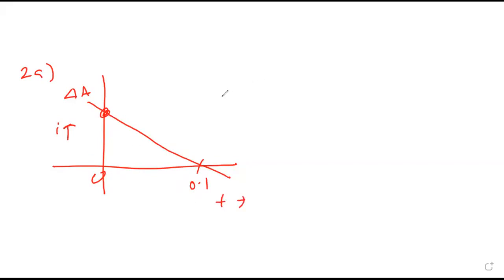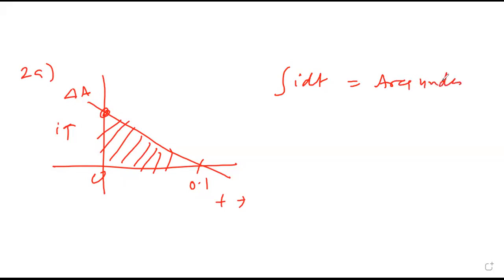What is area under the graph called? Integration, if you recollect. So can I say integral of I dt is area under the graph? From math, students might know this. What is I dt?